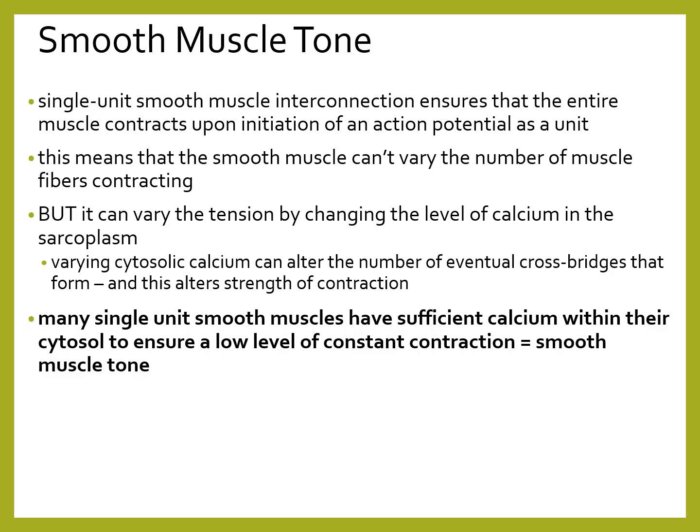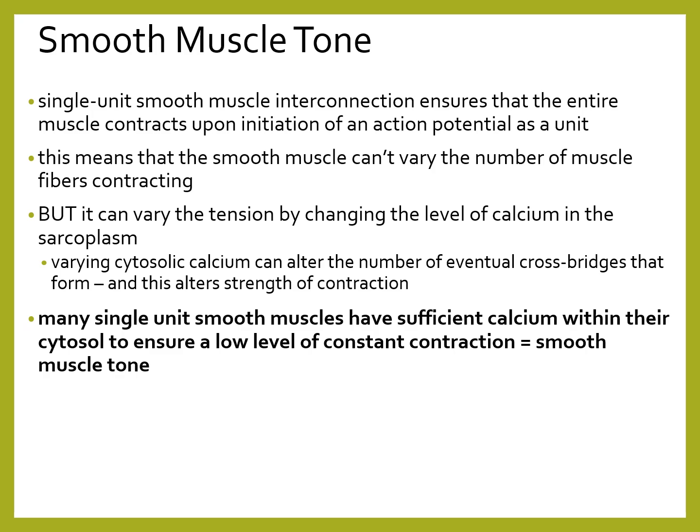This means, though, that the smooth muscle can't vary the number of muscle cells contracting because they're all interconnected with one another. But it can vary the tension of contraction by changing the level of calcium found in the sarcoplasm. By varying the amount of calcium in the sarcoplasm, the cytosol of a smooth muscle cell, that can alter the number of eventual cross bridges that will form, and that can eventually alter the strength of smooth muscle contraction.